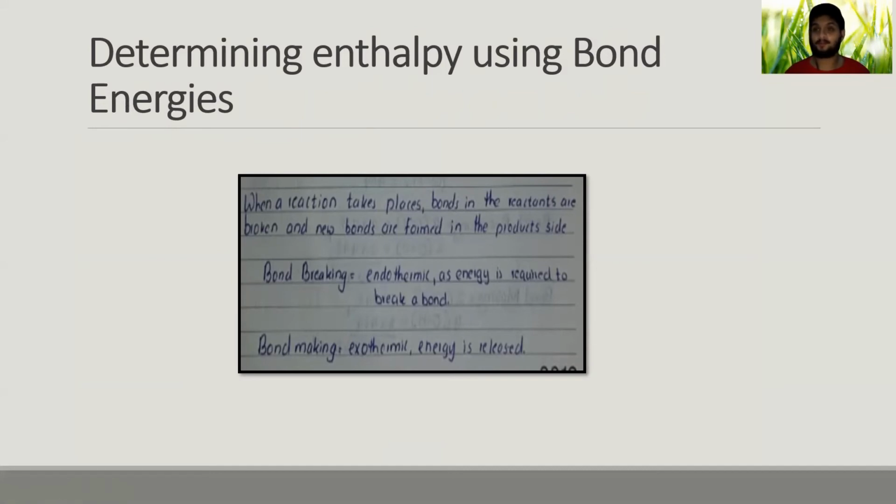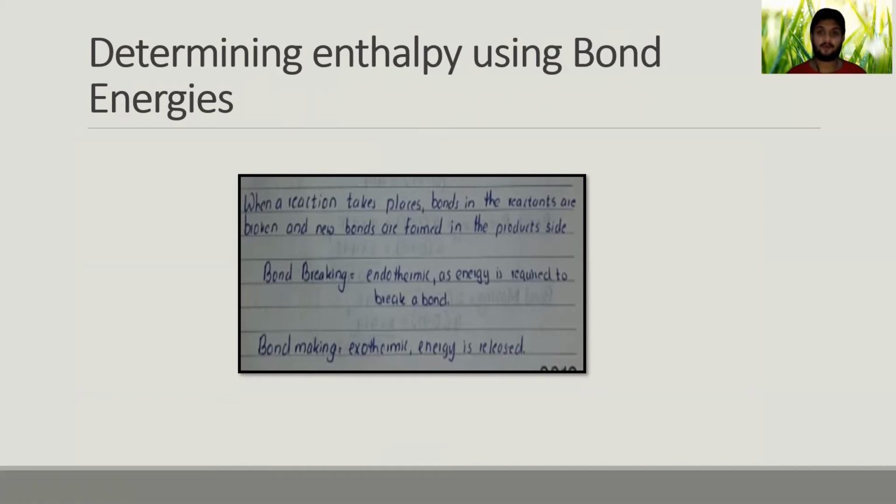Of course we do. Many chemists and scientists have already done these experiments. They've found bond energies and recorded them in your books, and you have all those facilities available in the textbooks and even on the internet.